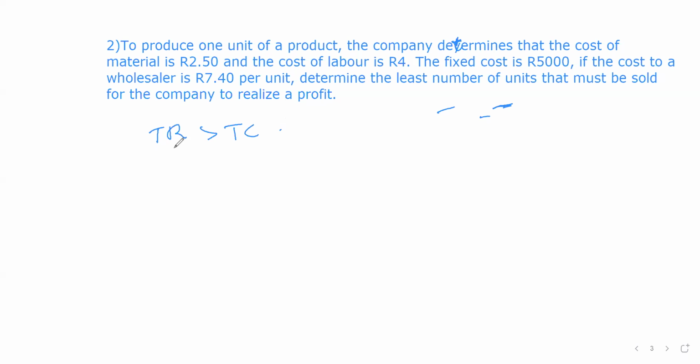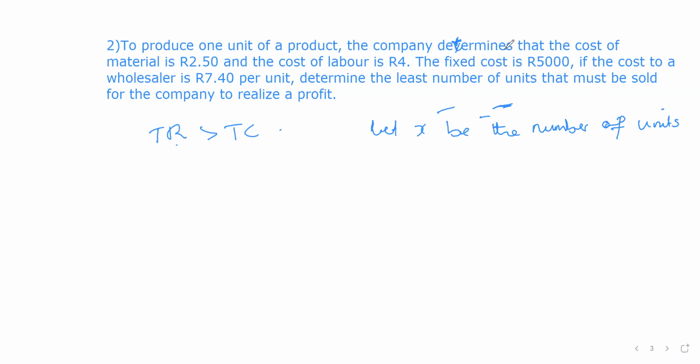So total revenue must be greater than total cost. What's total revenue? Again, we can let X be the least number of units that must be sold for there to be a profit. Total revenue is price times quantity.